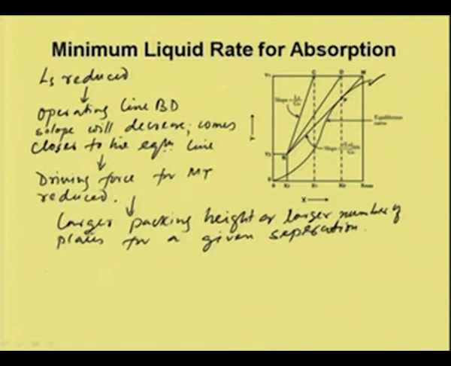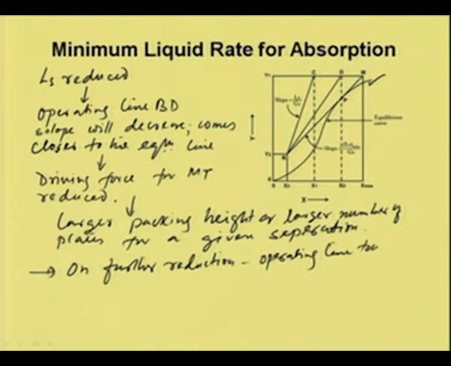The operating line touches the equilibrium line at point P. At this point the driving force for mass transfer is 0.